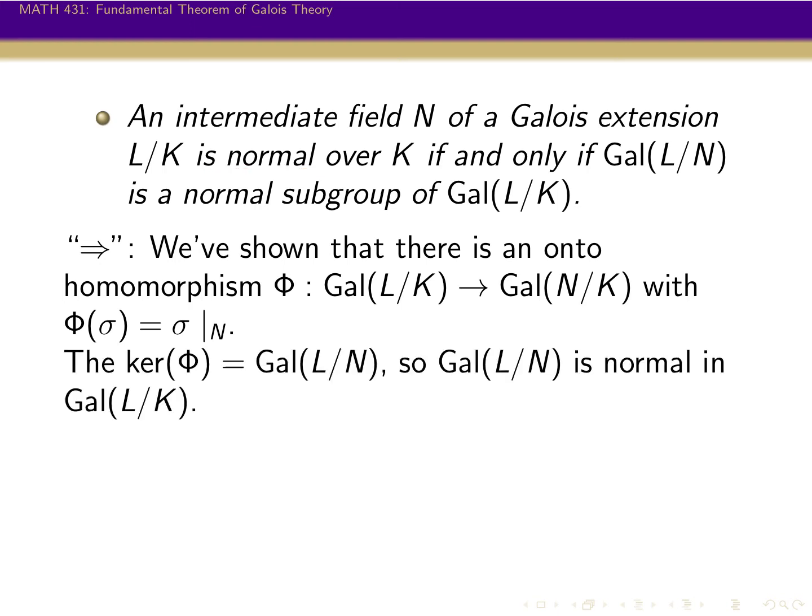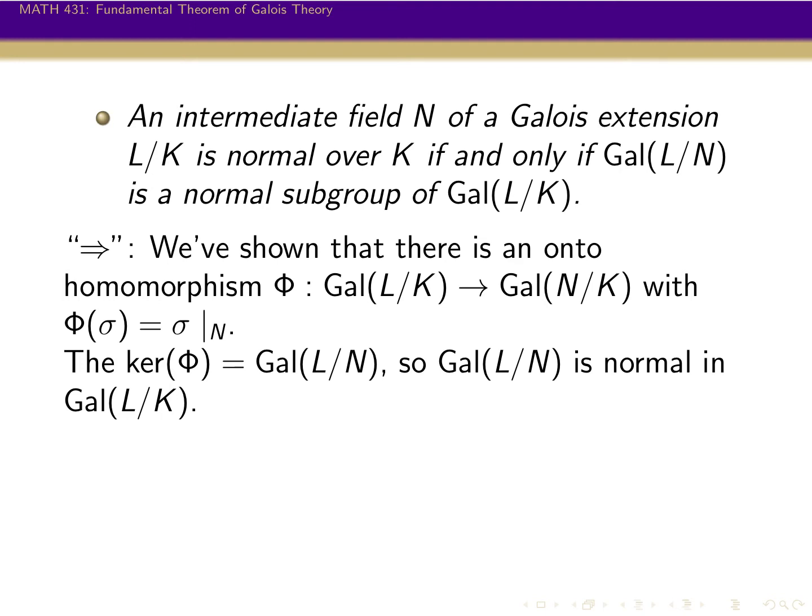Then we saw that the kernel of this map is equal to the Galois group of L over N, and from what we proved in group theory in abstract algebra 1 in the first semester, if you have a group homomorphism, the kernel of that homomorphism is automatically a normal subgroup.